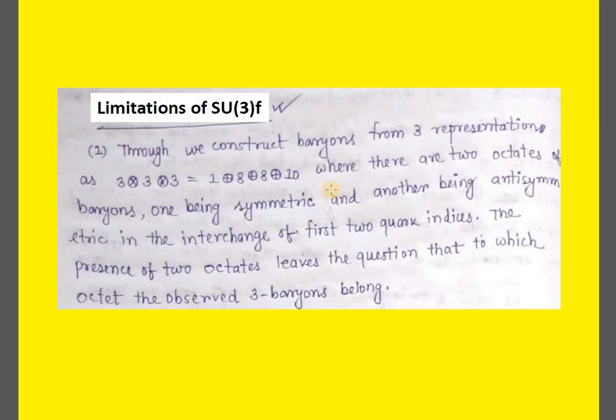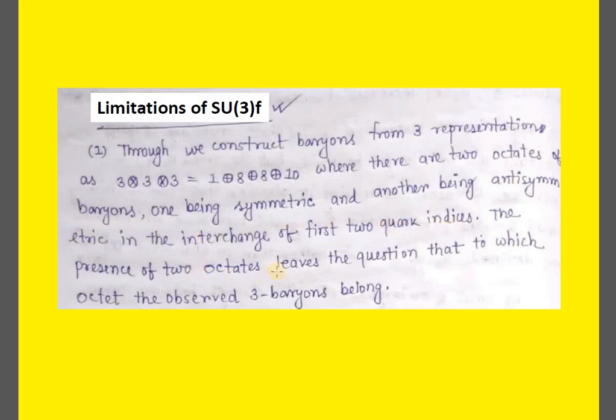Okay, so let me now talk about two very simple limitations of the SU(3) flavor group static quark model. The first one is that although we have constructed baryons from three representations, 3 times 3 times 3 equals 1 direct sum 8 direct sum 8 direct sum 10, there are two octets of baryons, one being symmetric and another being antisymmetric in the interchange of the first two quark indices.